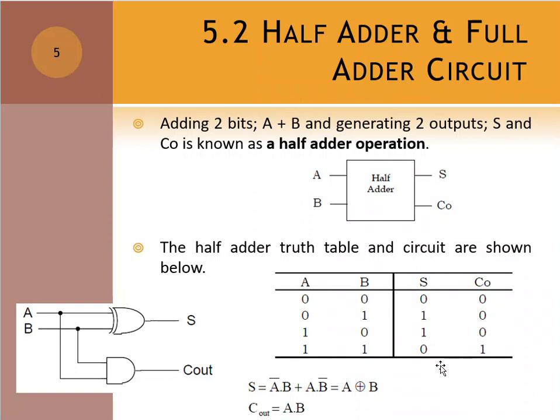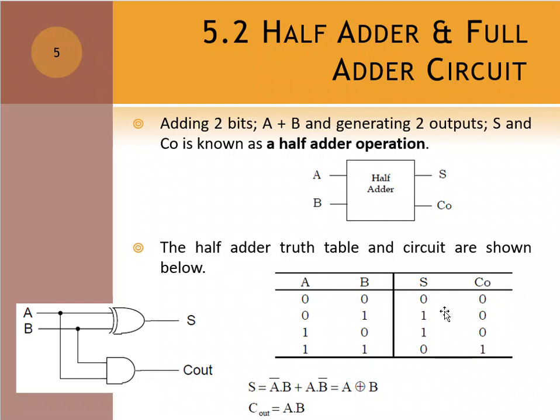Okay, if we try to write the sum of product for the sum, for the S, you will get A bar dot B plus A dot B bar. How to get this? Recall what we have learned in chapter 3.